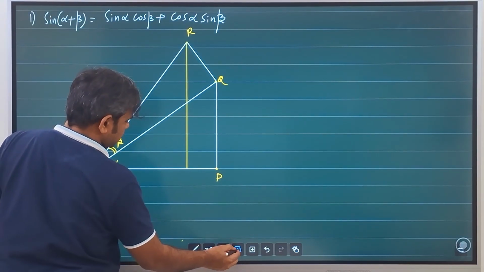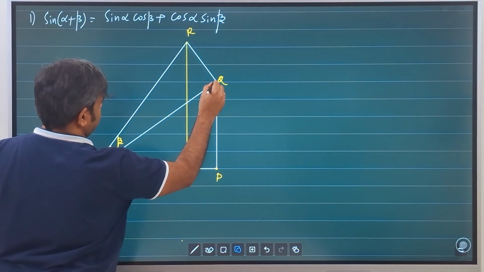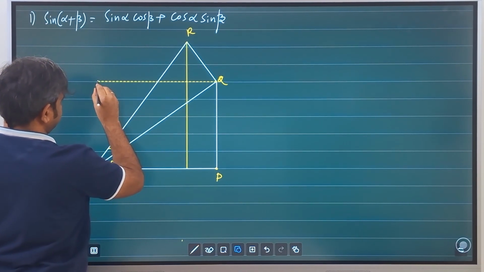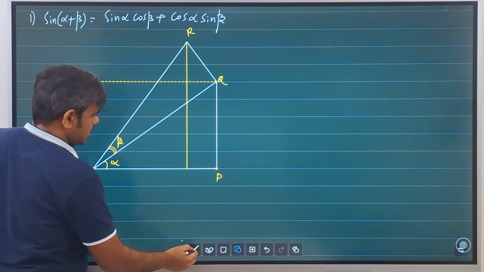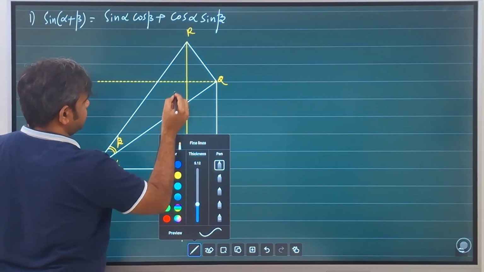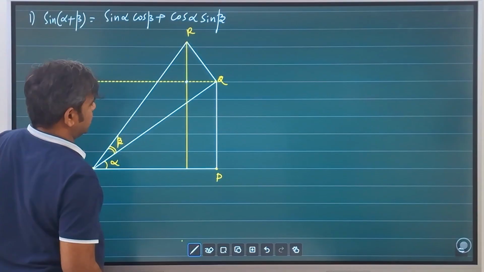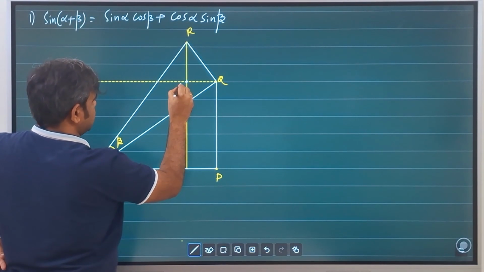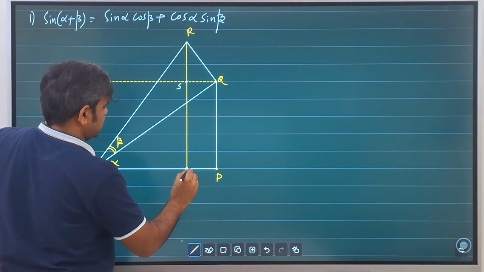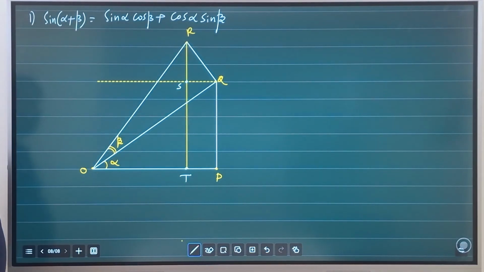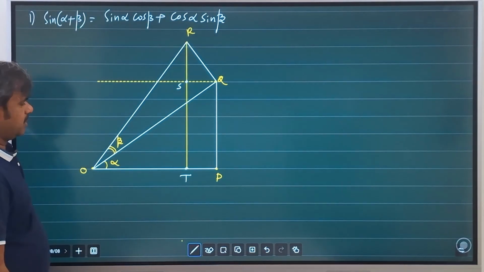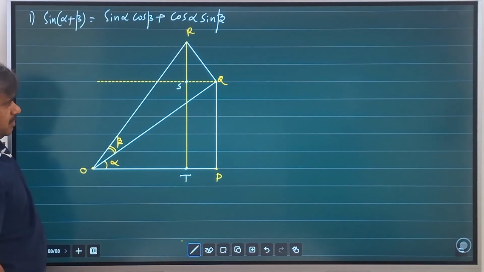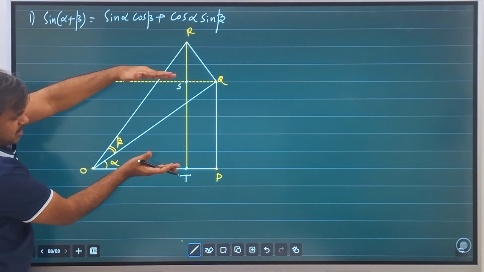And from point Q, look at this horizontal line drawn from point Q. Let's call this intersection point S. This is P. Alright. Look at OP. OP is horizontal. This dotted line is also horizontal. These two are parallel lines.